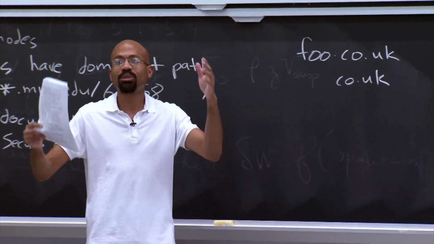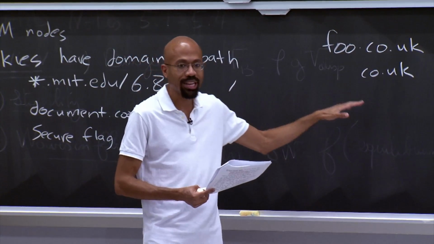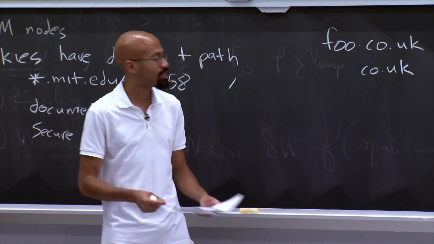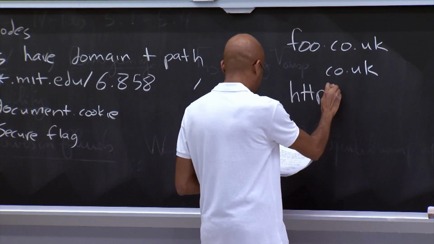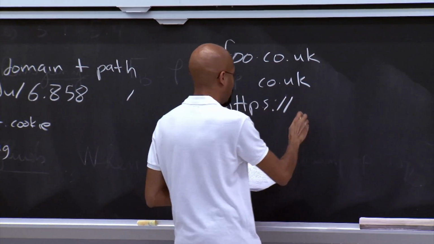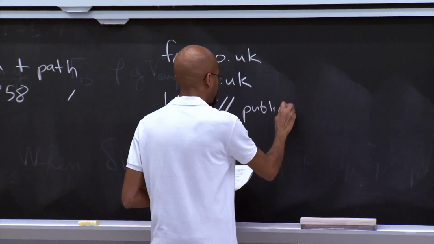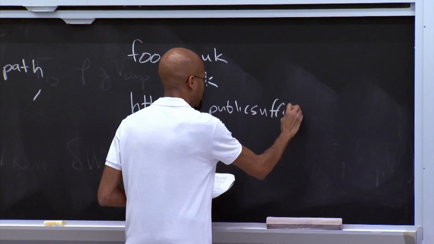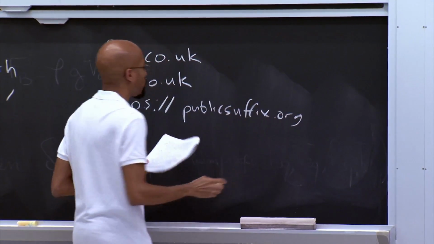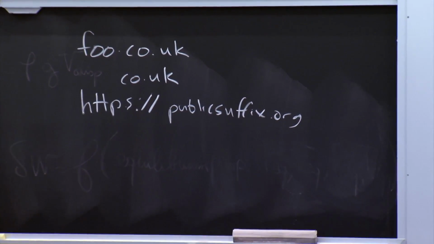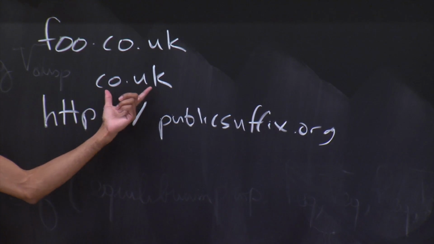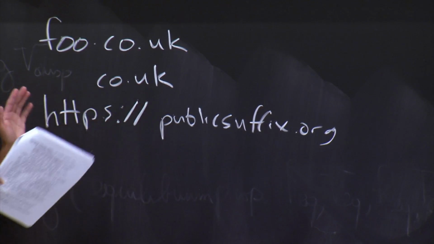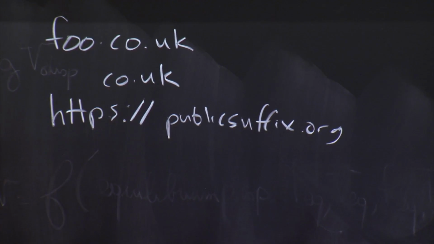So you actually have to have some special infrastructure to get the cookie setting rules to work out correctly. Essentially, Mozilla has this website called publicsuffix.org. And what this website contains are lists of rules for how cookies and origins and domains should be shrunk, given that some things might have dots in them, but should be treated as a single atomic thing.